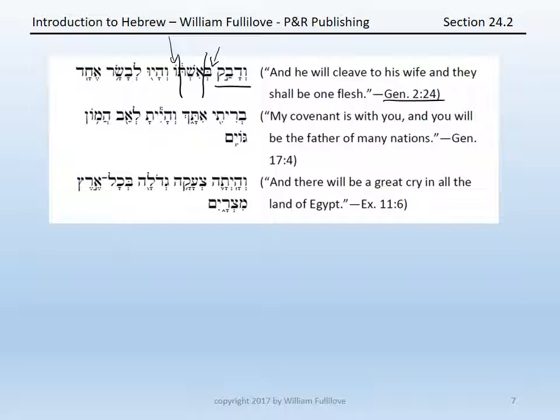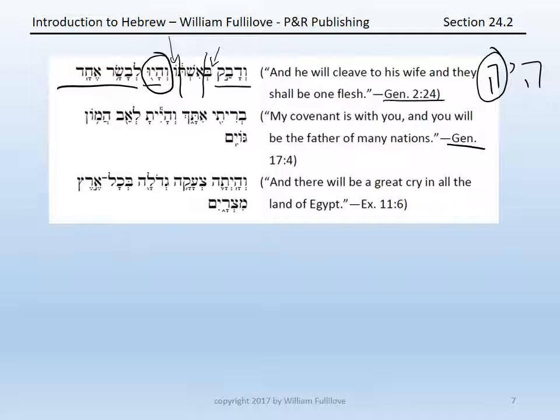So, and he will cleave to his wife. Vehayu, this is now a Qal converted perfect, third common plural, of haya. In this case, you see the weakness of the third he and that it has disappeared. You simply have hayu. The first he is the first root letter, the yod is the second root letter, and the third root letter has disappeared. And they will be for one flesh, basar echad.